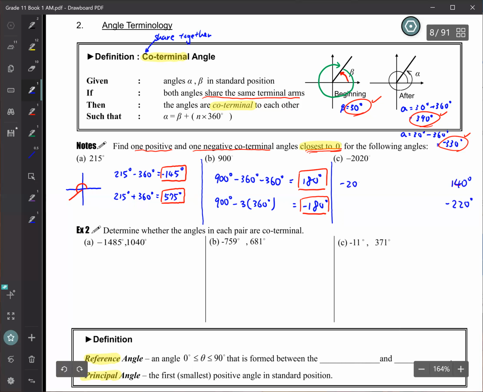Negative 2020 degrees. To get to positive, I need to keep on adding 360, maybe five turns, four turns. Okay, never mind. For the positive one you add 5 turns, and for the other one it is 4.